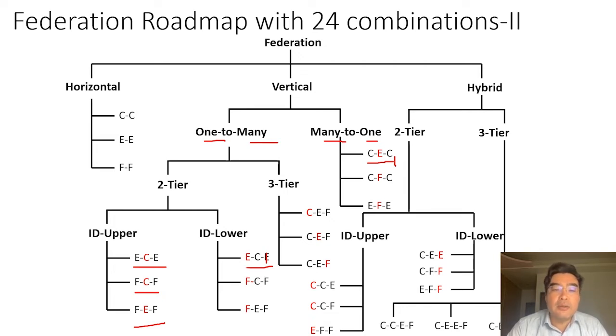And hybrid means that you have for example CCE, two clouds and an edge, and if you connect to this edge, you need to do one vertical and then one horizontal in order to retrieve your account information. So you can see at least there are 24 combinations, and if you allow more than three providers in the federation, there could be more than 24.